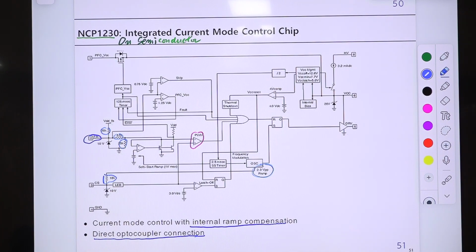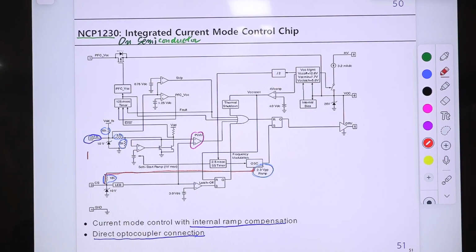It is generated here, and it goes to this. And there is some distance, and here the switch current is sensed through this one.